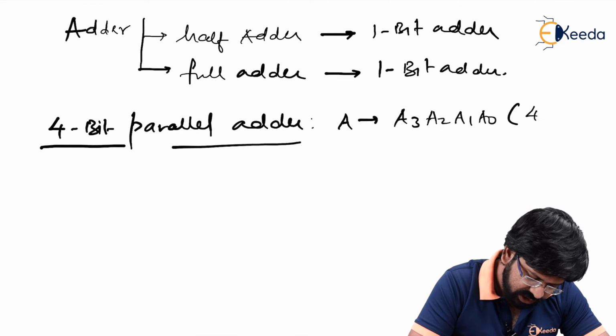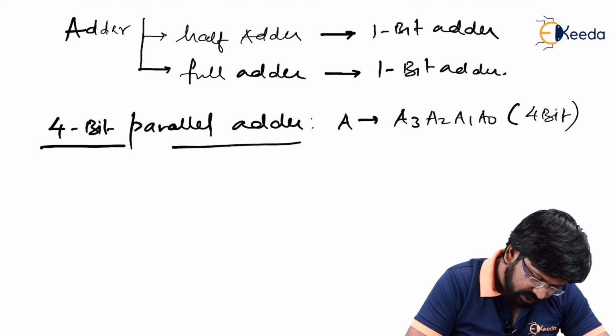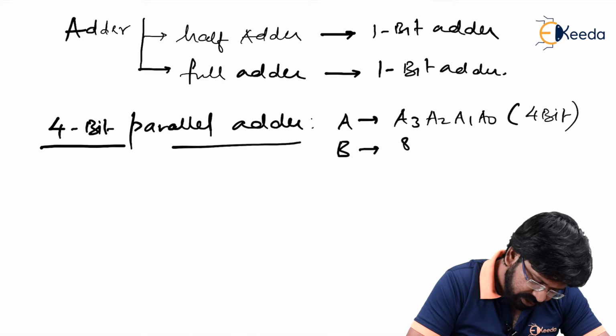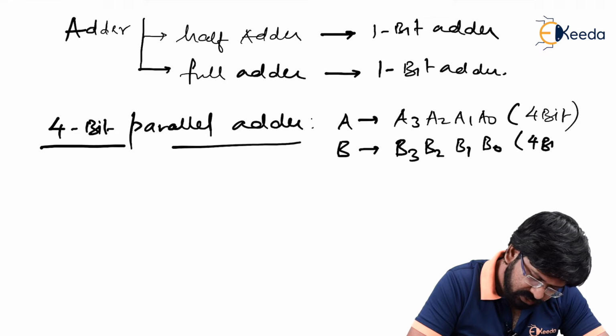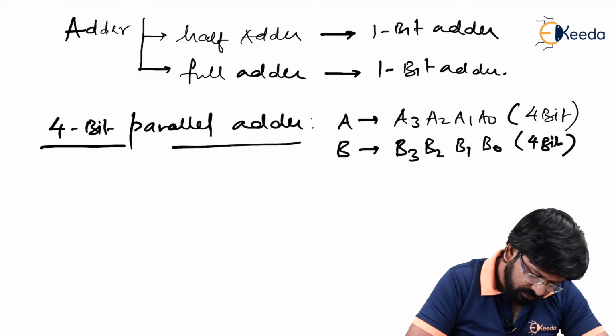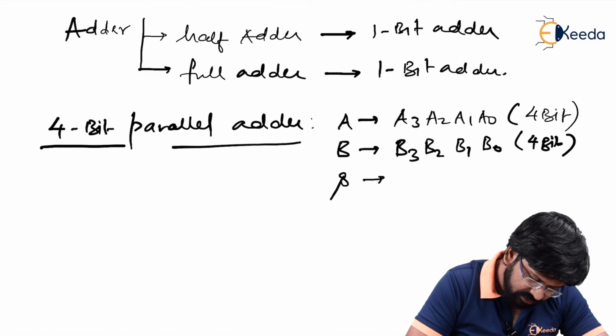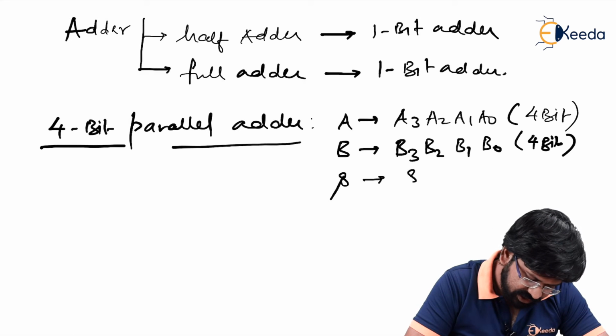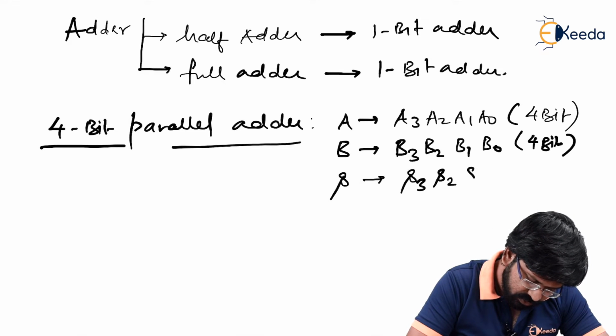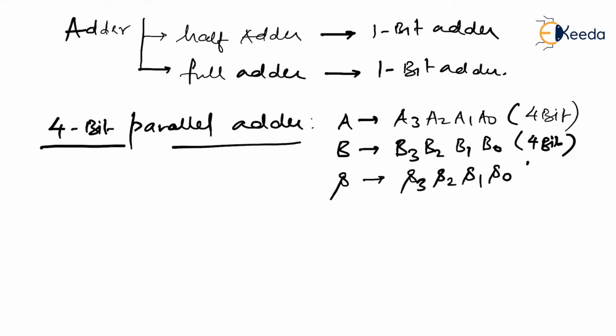So size of A is 4-bit. Even B will be B3, B2, B1, B0. Of course, this is also 4-bit. And of course, the sum it will give will also be 4-bit in size, that is S3, S2, S1 and S0.